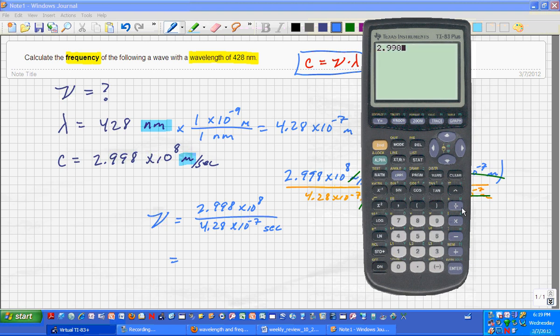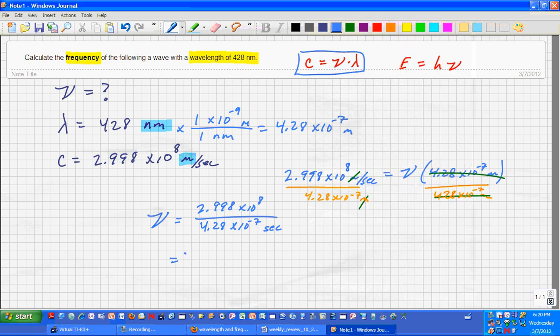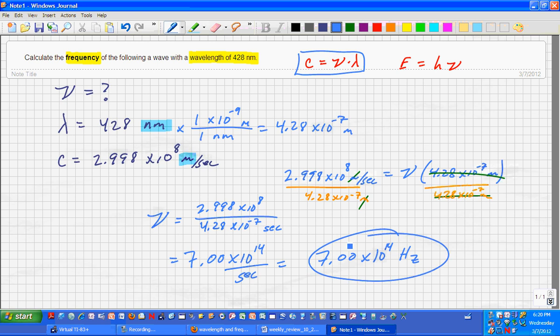So we got 2.998 times 10 to the 8th divided by 4.28 times 10 to the negative 7th, and that's going to be 7.00 with sig figs. 7.00 times 10 to the 14th over seconds, which is the same as 7.00 times 10 to the 14th hertz. Let's clean that up a bit. There we go.